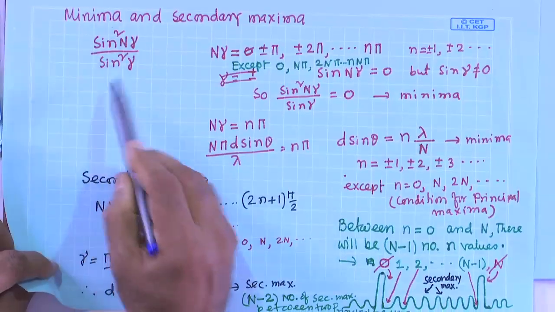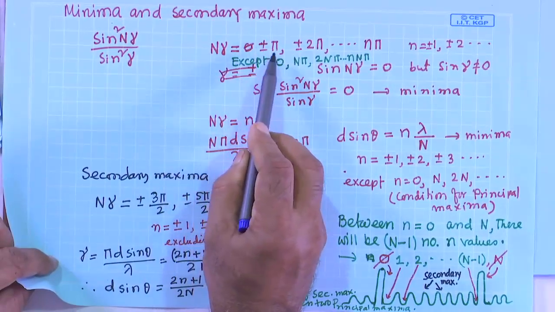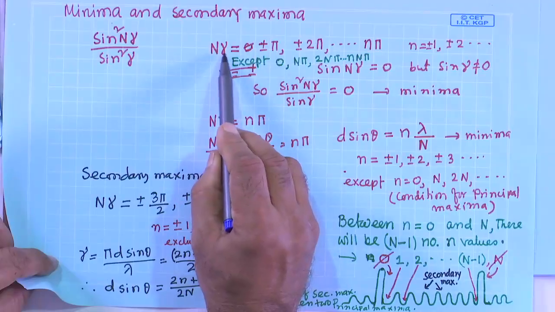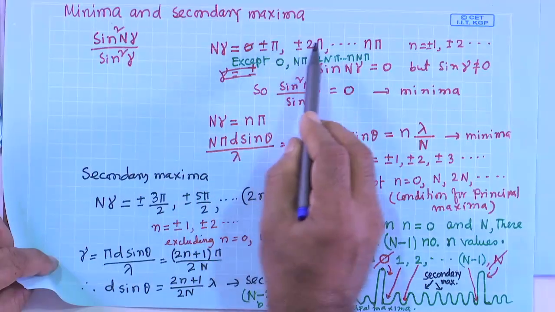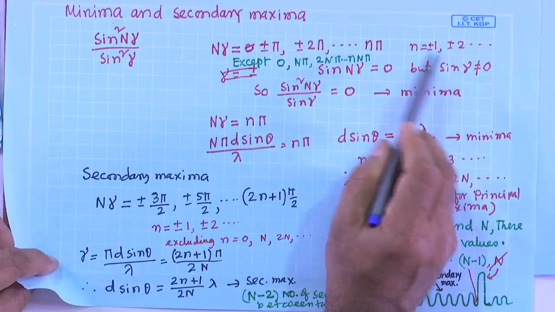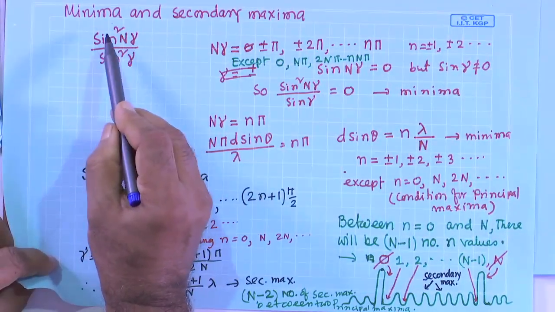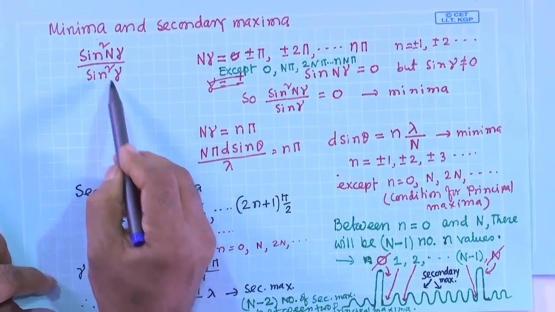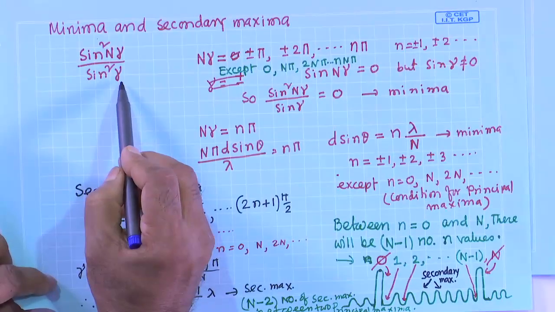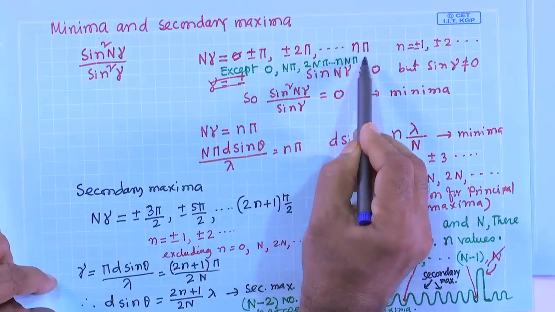So n gamma equals plus or minus pi, plus or minus 2 pi, it is the n pi. If so, then this part will be 0, but sin squared gamma will not be 0, because in that case gamma equals n pi by capital N.